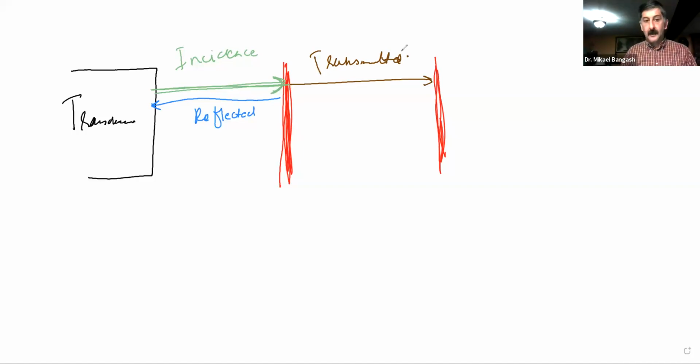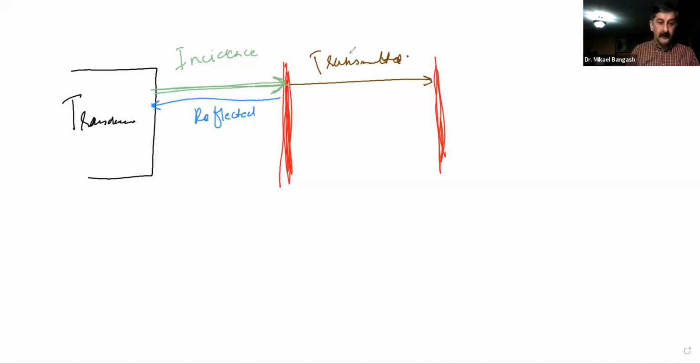So the remaining part of this chapter is mainly going to be looking at these three things: incidence, reflections, and transmissions.